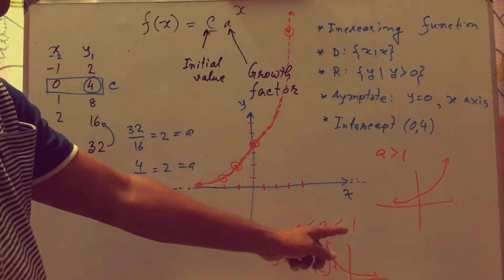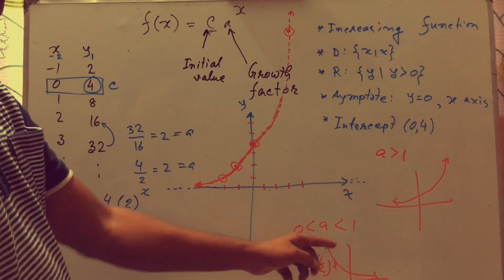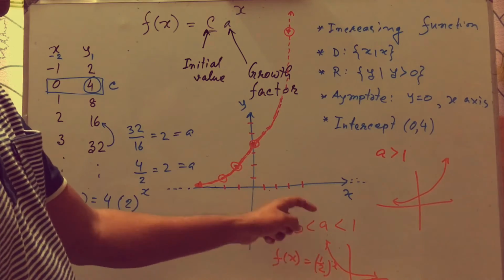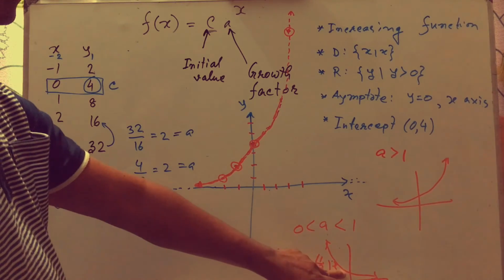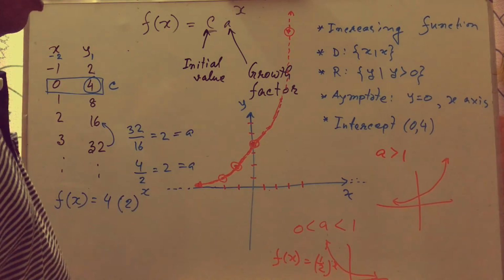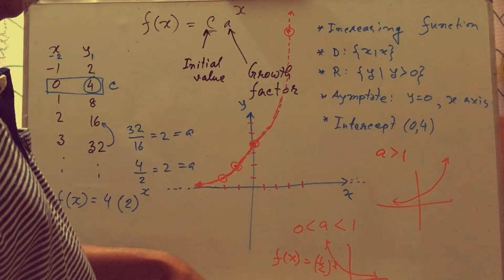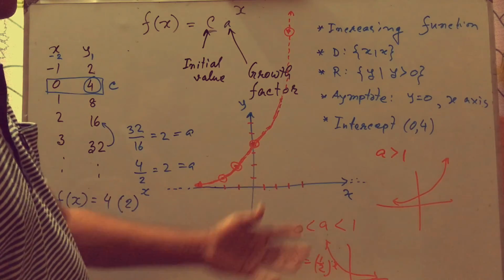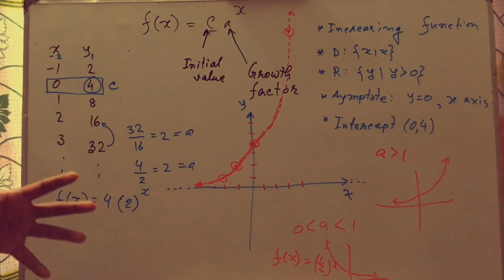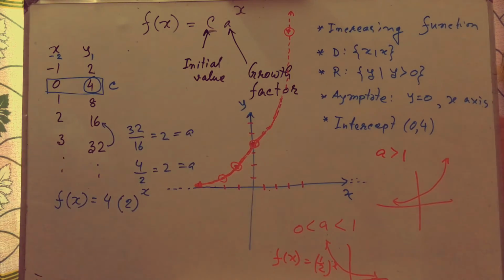For example, the range is similar, the domain is similar, just it is a decreasing graph. You will get some intercept here. The asymptote is the same, the x-axis, and then it is decreasing. So if you understand one graph very nicely, we can decide about the other graphs. All right, thank you very much.